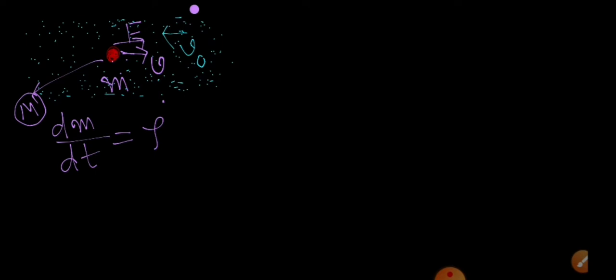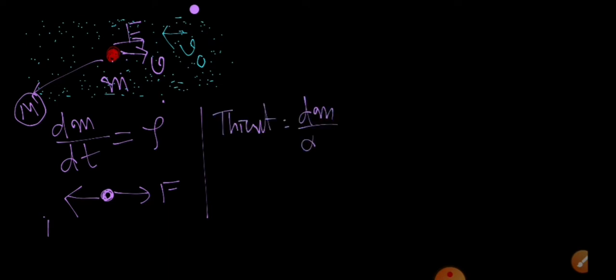If you draw the free body diagram of the particle, one force F will be there. Another force, the thrust, will be acting on it. We know the thrust is equal to dm by dt into v relative.